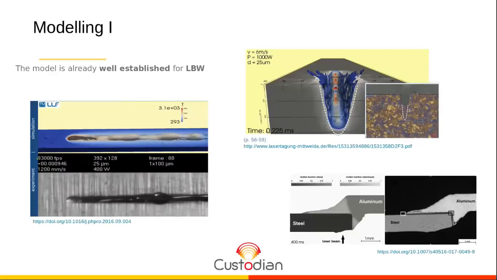It's more a matter of validating the input properties, which are mostly unknown, especially for the high temperature ranges. You just have to make adjustments by means of experimental verification.